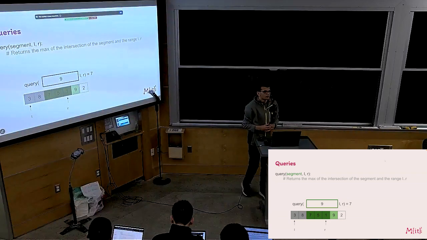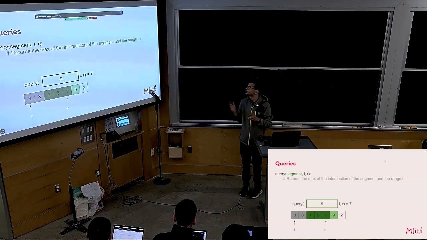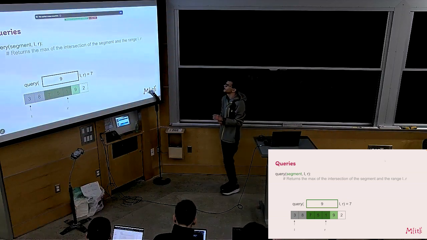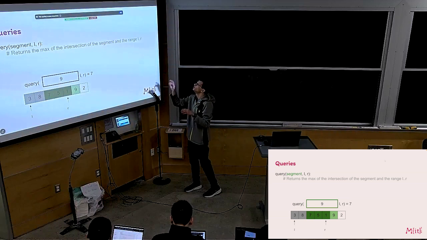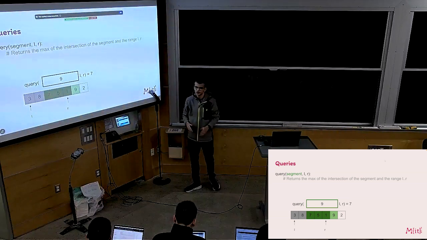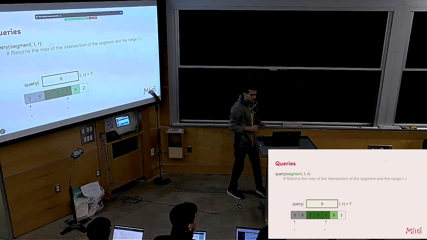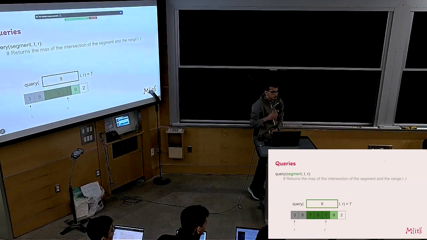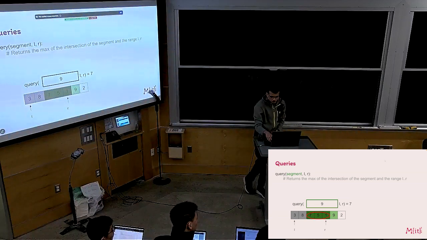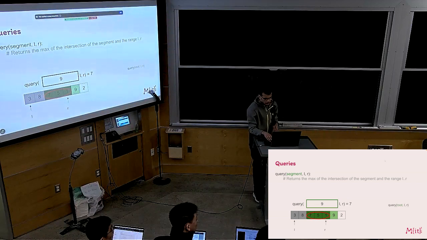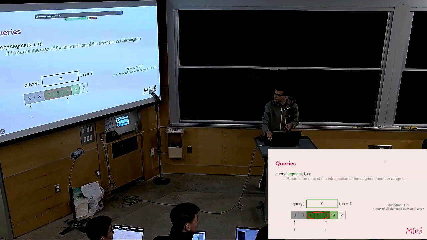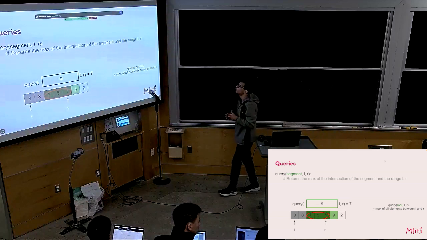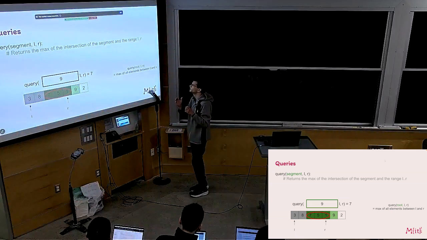Generally, when you are making a recursive function, it is important that you make your definition very precise so that you can argue about it nicely when actually trying to do any kind of recursion. Right. So now you might wonder, why did I define my query function this way?